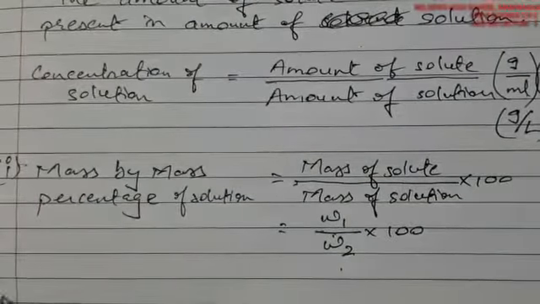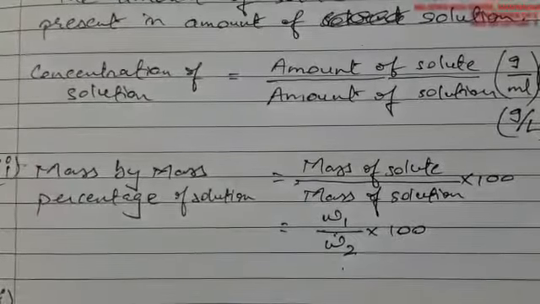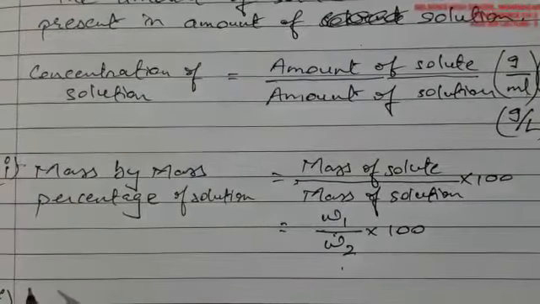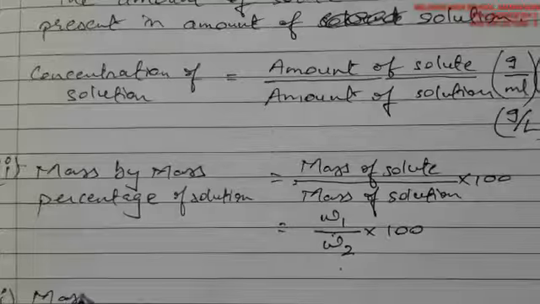The second way you can find the percentage is the mass by volume percentage of the solution.